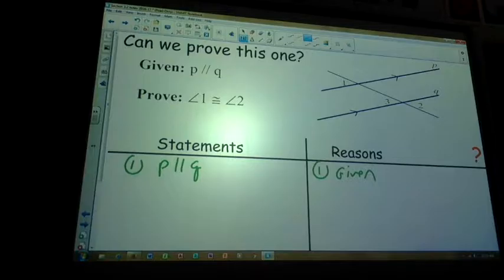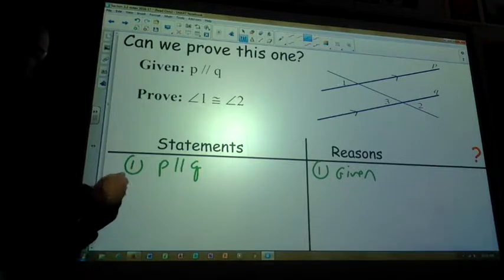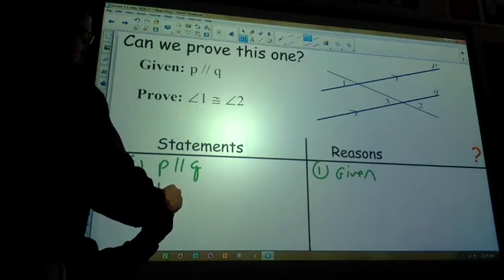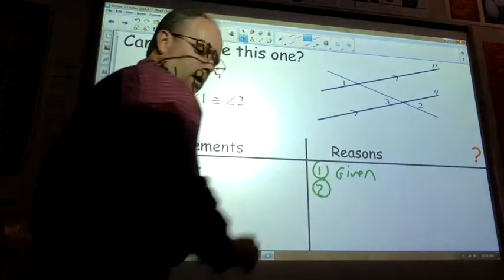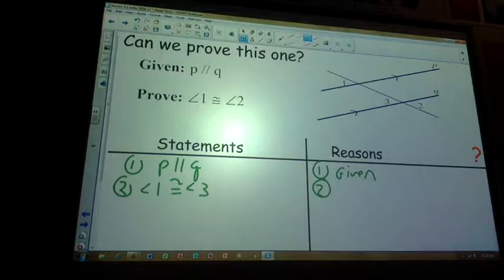All right, P and Q are parallel. It's imperative that we know this. 1 and 2 are congruent. So I can go angle 1 is congruent to angle 3. And I can state that. How did they state it?